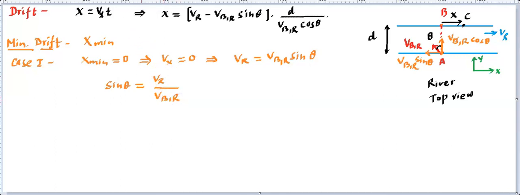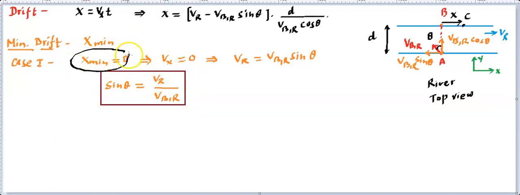So from here you got a very important formula to find the angle theta with which the boat has to start moving so that it causes minimum drift, that means it reaches just the opposite end. And VR is given to us, VBR is given to us. Just take the ratio and that becomes sin theta. So theta is equal to sin inverse of this number.